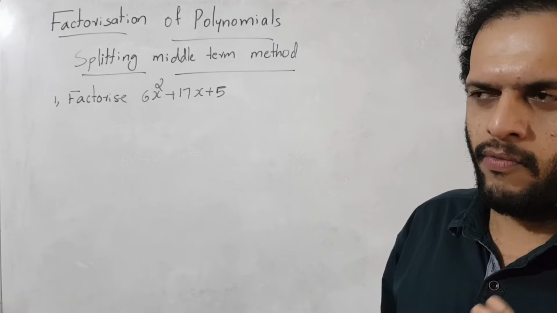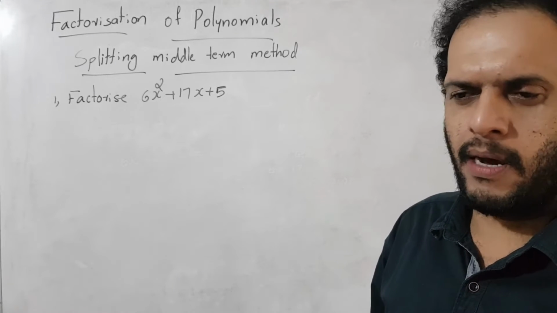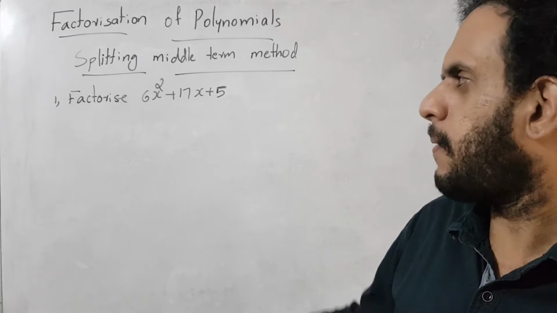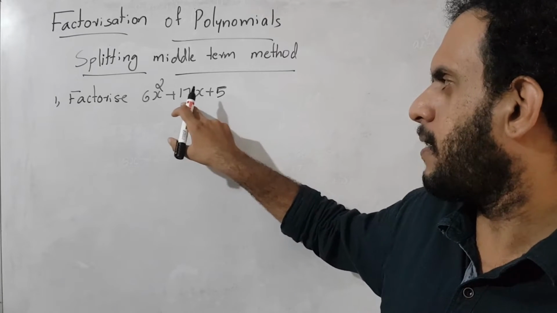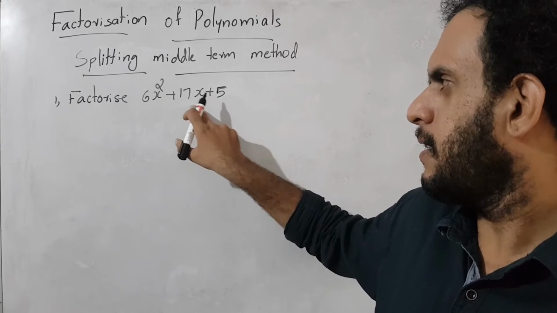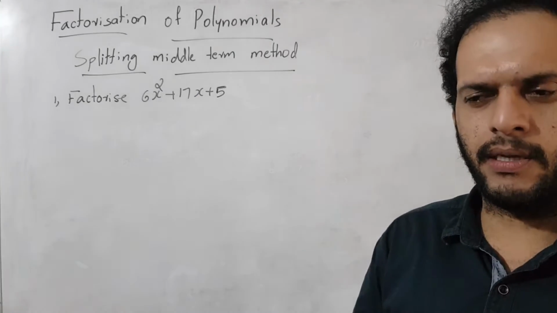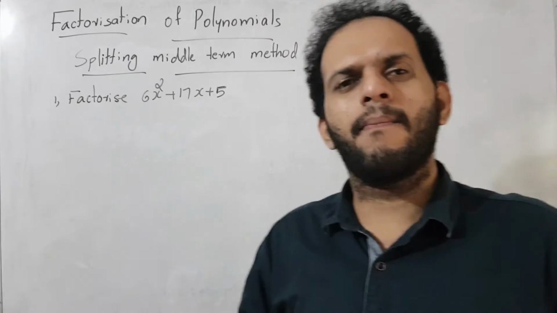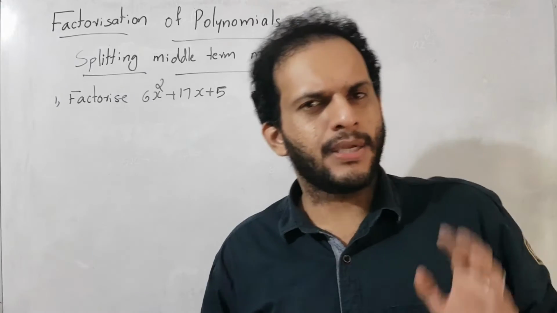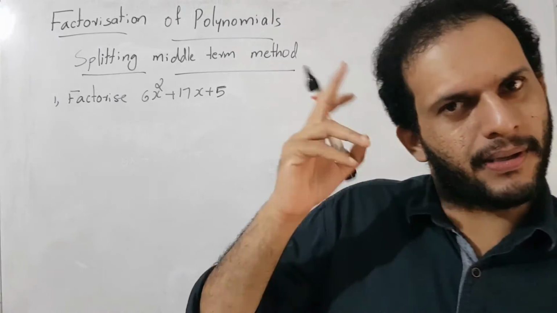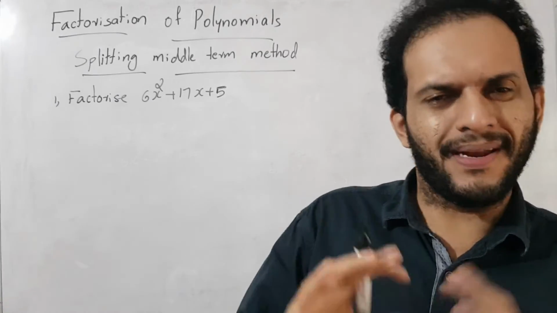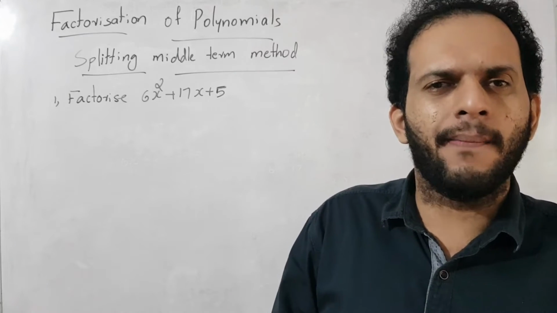Am I right? നമുക്കറിയാം എന്താണ് സ്പ്ലിറ്റിംഗ് മിഡിൽ ടേം എന്ന് പറഞ്ഞാൽ. The splitting middle term means the term in the middle of the given polynomial should be written as the sum of two terms. Last year also we did this, I think you remember that. We used the splitting middle term method there also.